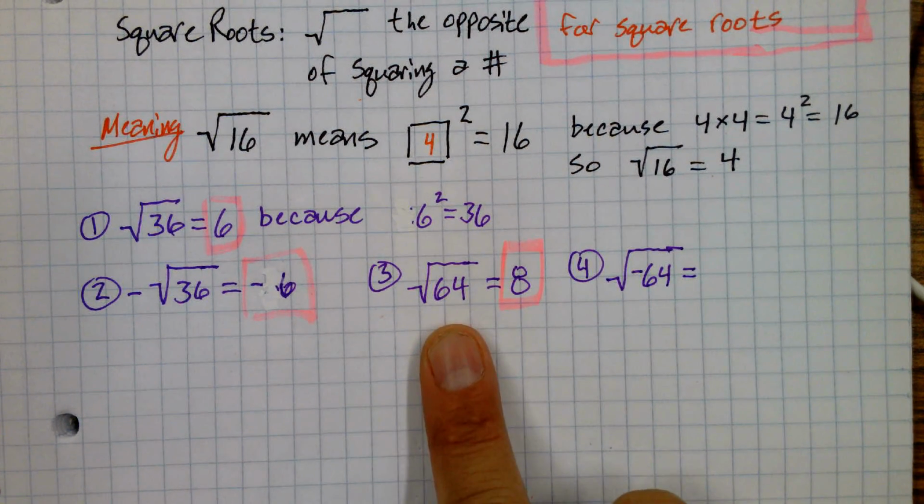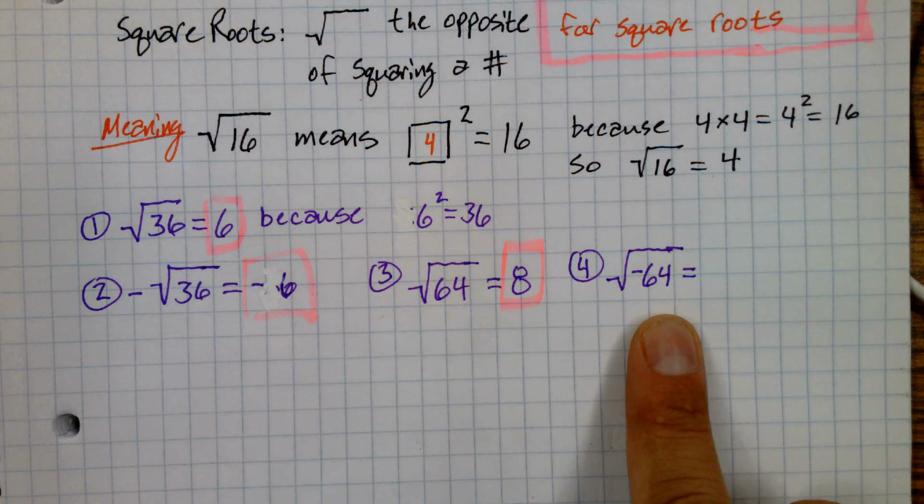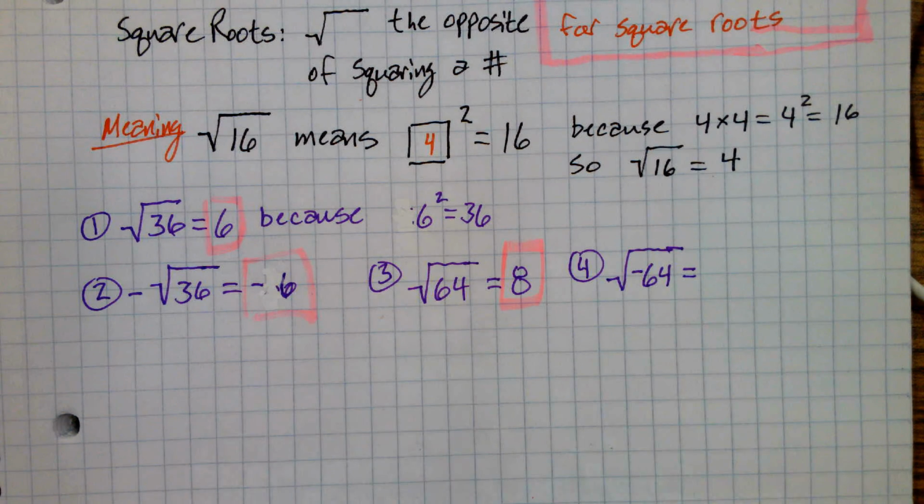So here we were saying, what number times itself equals 64? Well, 8. Here we're saying, what number times itself equals negative 64? It would make sense that it's negative 8, right? Negative 8 times negative 8. What do you get when you multiply a negative times itself? A positive.